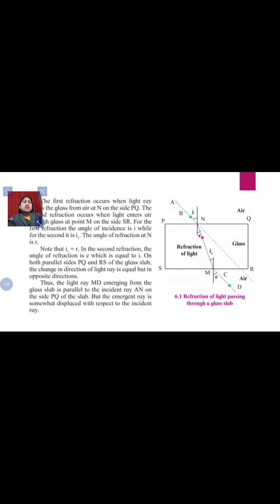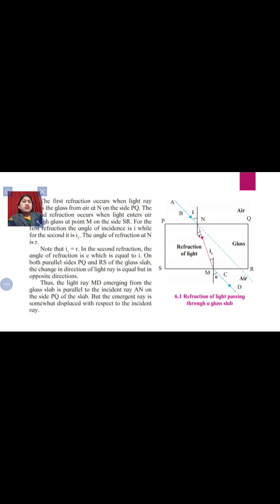That means in the second refraction, the angle of refraction E is equal to I on both parallel sides PQ and RS of the glass slab. That is, the upper side angle I and the lower side angle E. These two angles are equal.